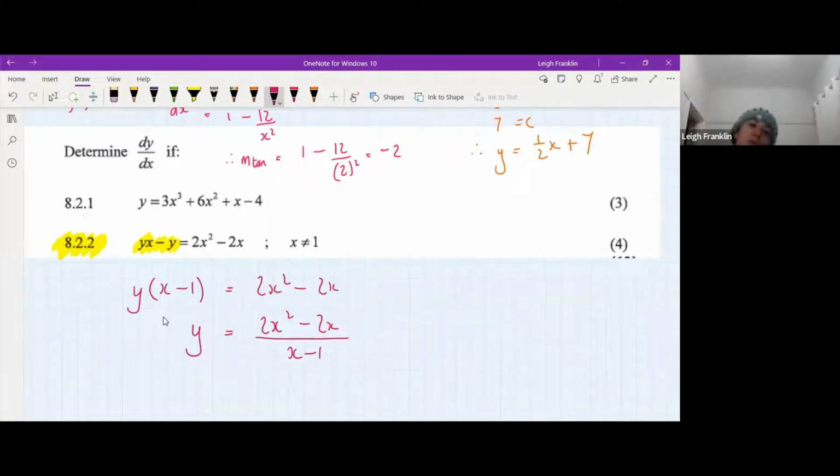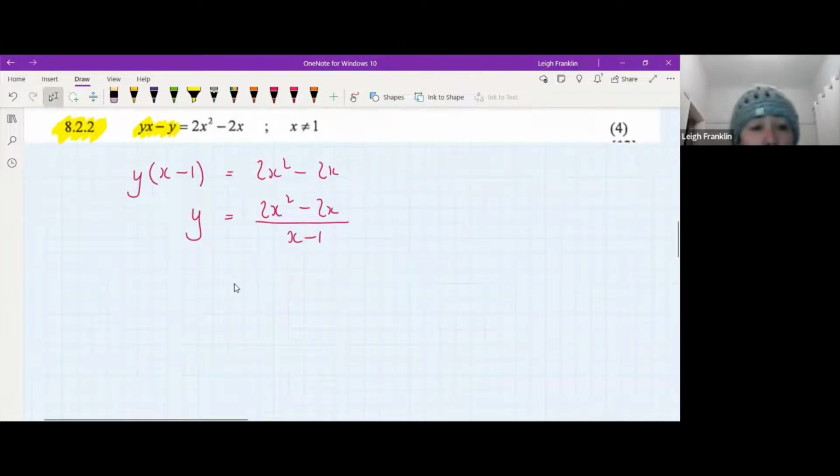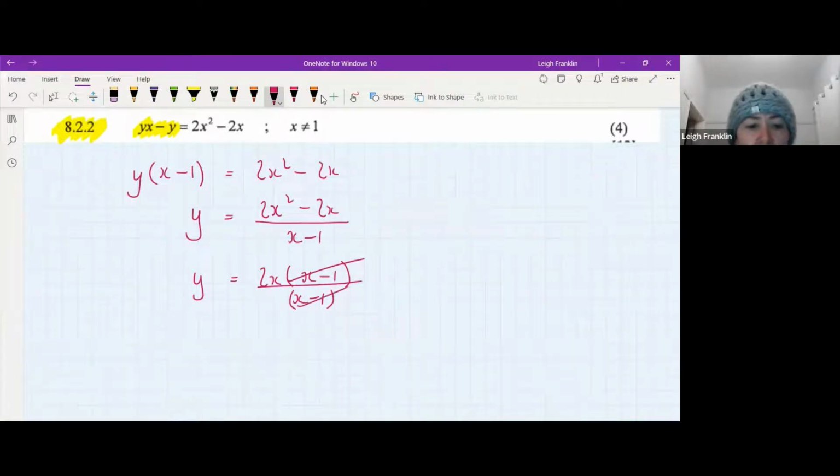And now you proceed as normal for what you would do if you had a binomial denominator. Remember, the next step is to factorize. At the top, we can take out 2x. That leaves us with x minus 1 over x minus 1. What is that and why is it there? And now that can cancel.